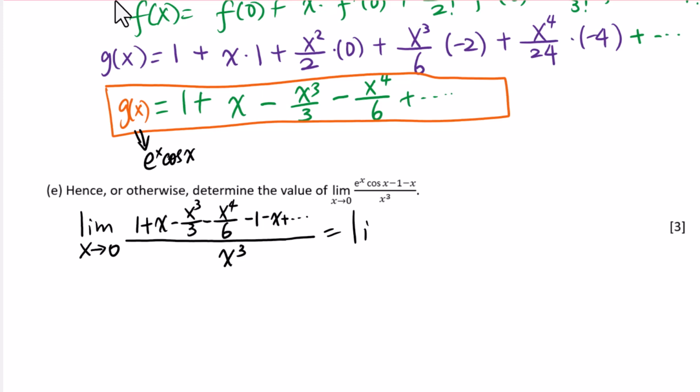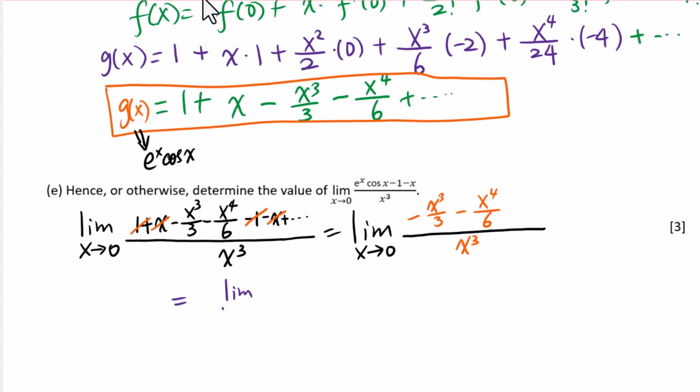Let's organize the limit as x approaches 0 of, combine like terms. Negative x to the third power over 3 minus x to the fourth power over 6, over x to the third power, equals the limit as x approaches 0 of, times 6 for denominator and numerator.